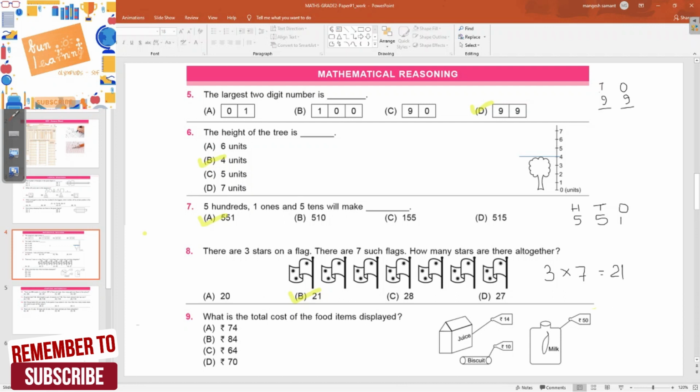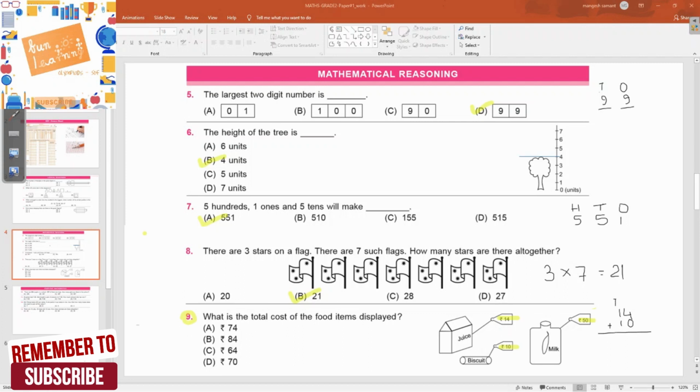Now let's go to our next question, which is our 9th question. What does the 9th question say? What is the total cost of the food items displayed? Okay, that's our question. So let's see. We have juice as 14, biscuit as 10 and milk at 50. Now kids, I want you to use your mental maths. Now 14 plus 10, quickly, whenever you're adding 10 to a number, you just have to increase its tens place by 1.